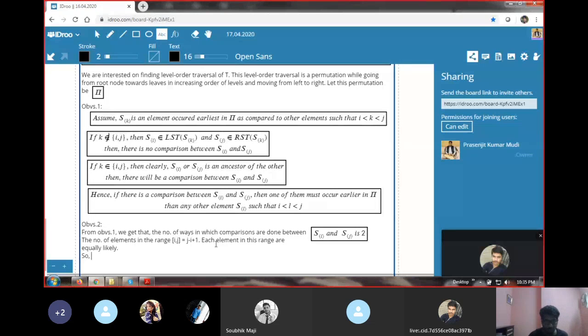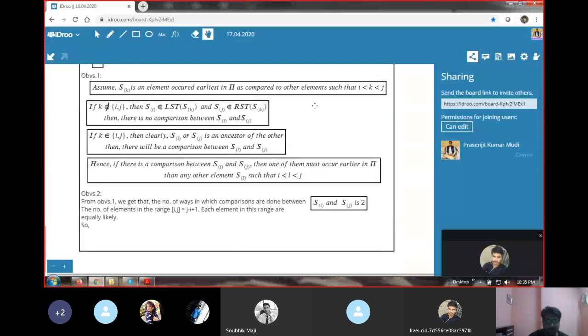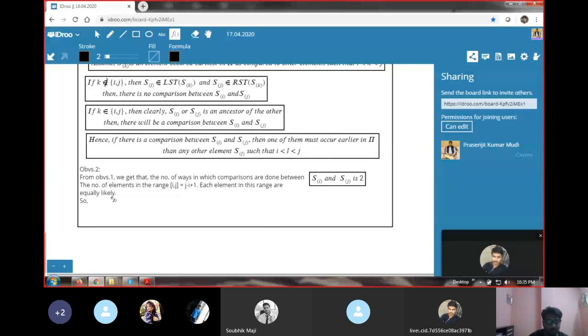So we have the probability as 2 over j minus i plus 1. We have modeled this probability from these two observations.